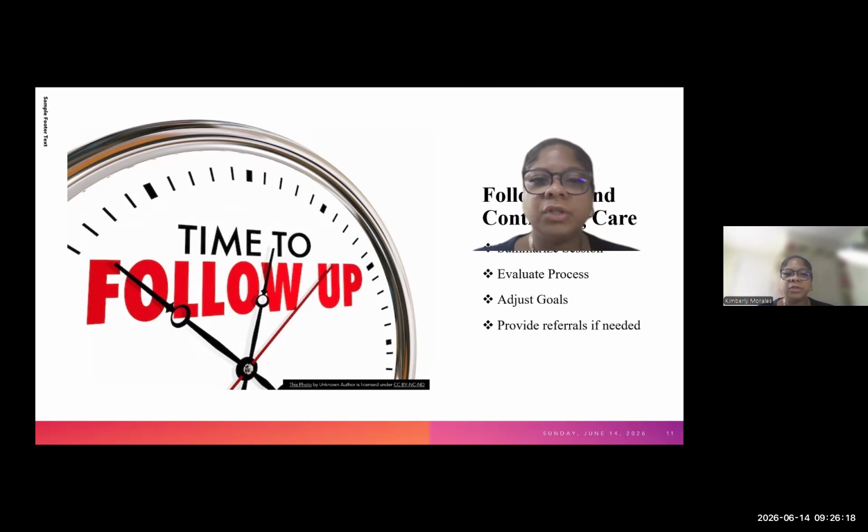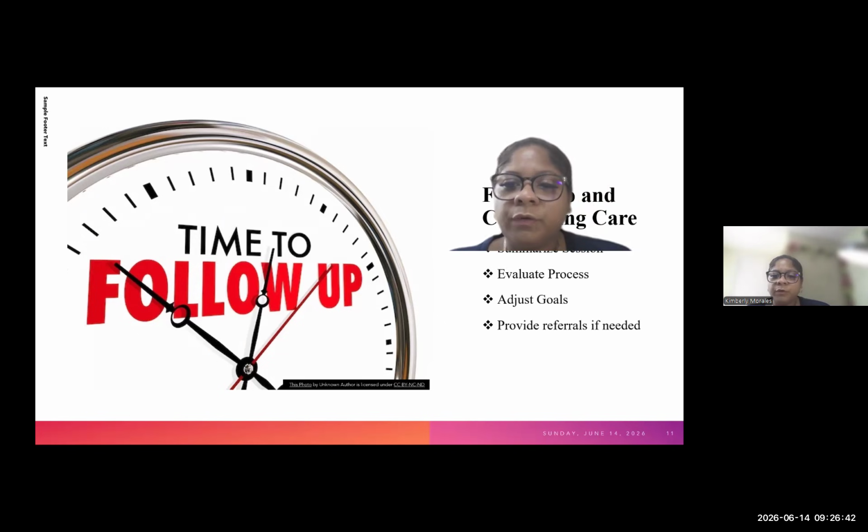The fifth stage is follow-up and termination, or follow-up and continuing care, which includes summarizing the session, evaluating the process, adjusting goals, and providing referral if needed. Follow-up ensures continuity of care, summarizing the session, reinforcing insight, and validating the client's efforts.